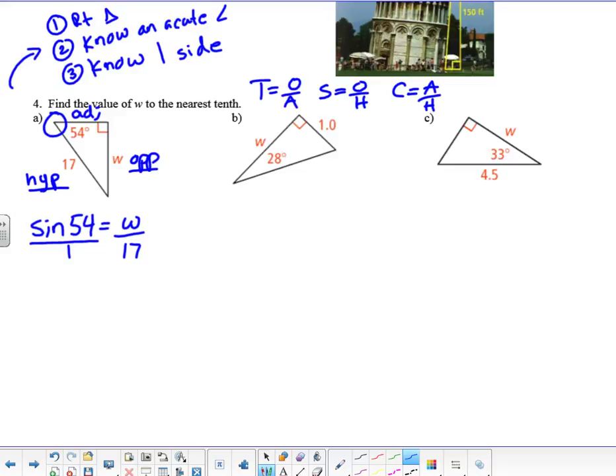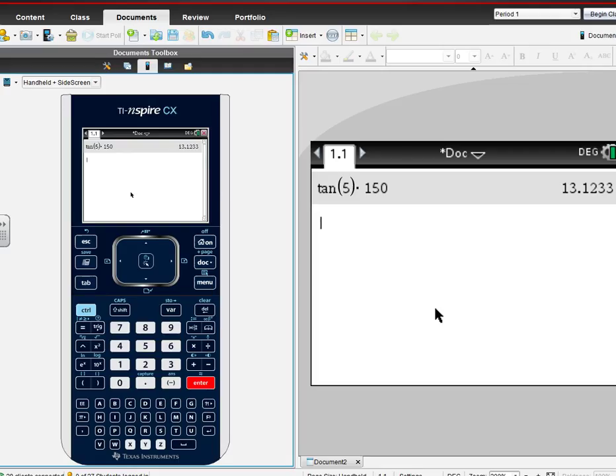Sometimes it's helpful to write that as over 1, so we use the cross product property. W equals 17 times the sine of 54. Sometimes you put the number in front just to make sure that you don't confuse it with 54 times 17 before you take the sine. So here we go.